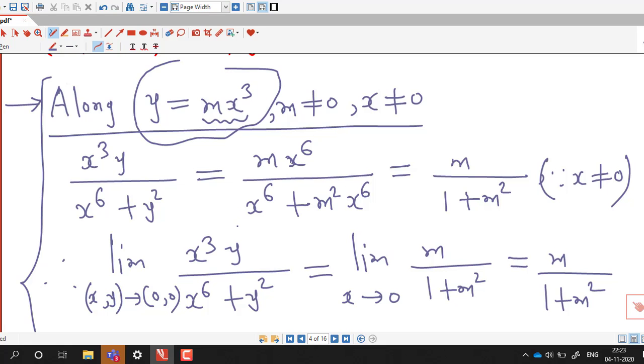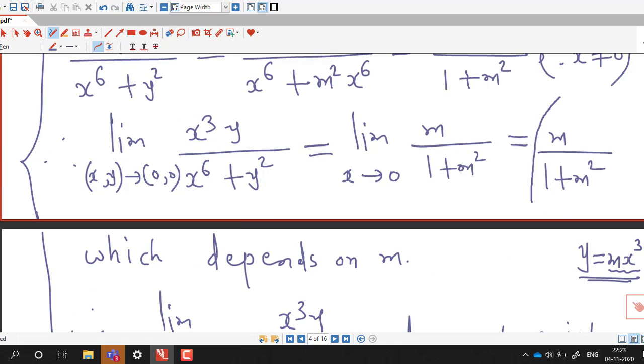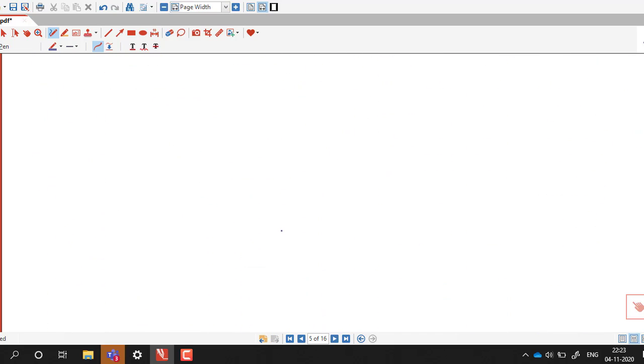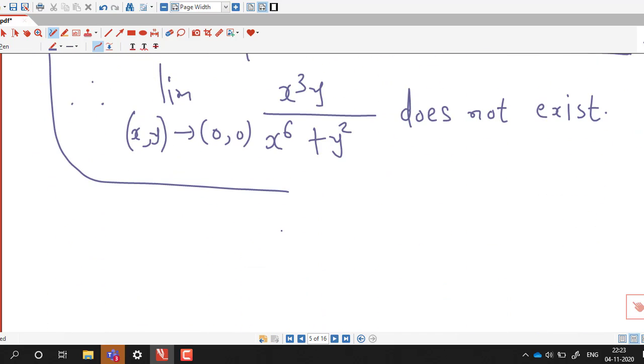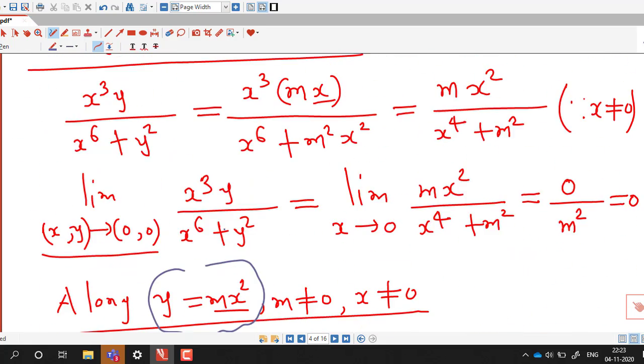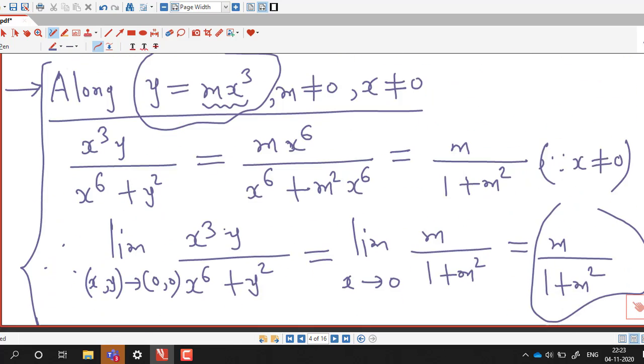We are able to show that limit is dependent on m, therefore limit does not exist. So in this way we can try to show that limit exists by definition, or we can prove that limit does not exist by taking different paths as we discussed in this example.